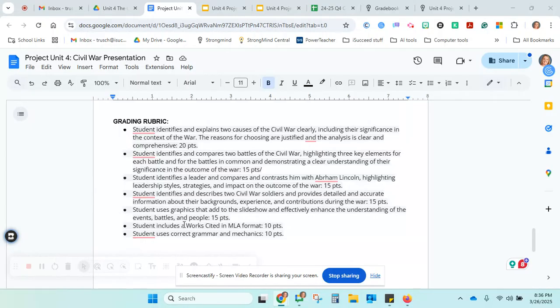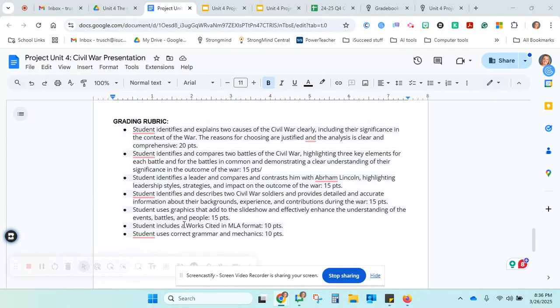Identify a leader and compare and contrast with Abraham Lincoln, highlighting leadership styles, strategies, and impact on the outcome of the war. Identify and describe two Civil War soldiers and provide detailed and accurate information about their background, experiences, and contribution to the war. Use graphics that add to the slideshow and effectively enhance the understanding of events, battles, and people. Include a works cited and use correct grammar and mechanics.